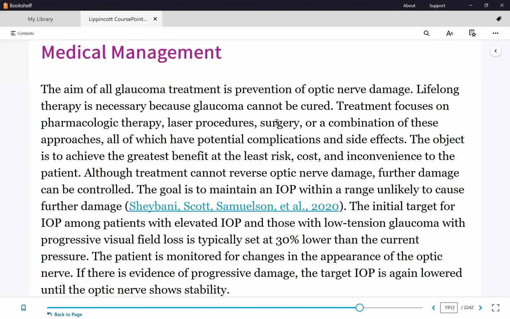So once diagnosed, when do we want to diagnose this? As soon as possible, as early as possible. There are kids that are diagnosed with glaucoma, grade school kids, 5 years old, 6 years old. So these patients will have to have eye drops for the rest of their life.